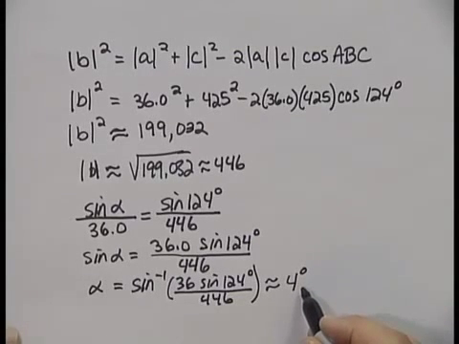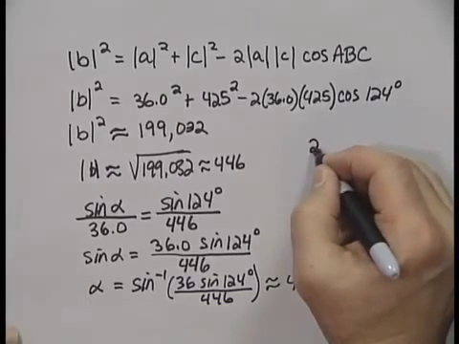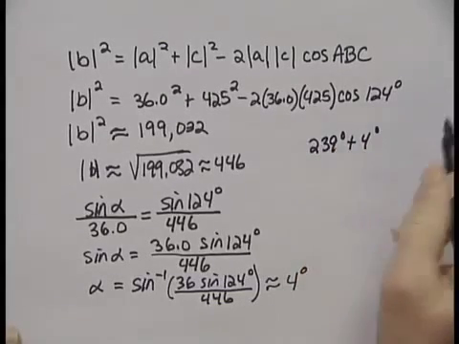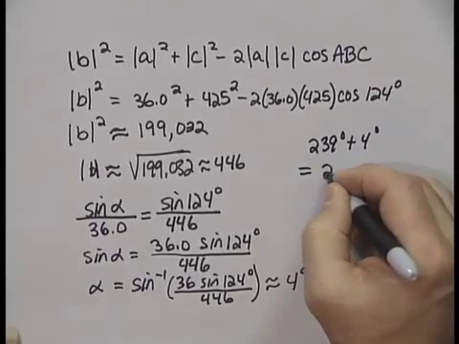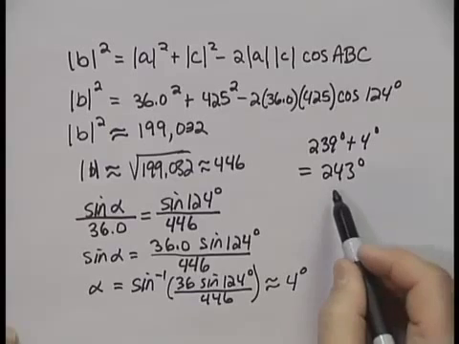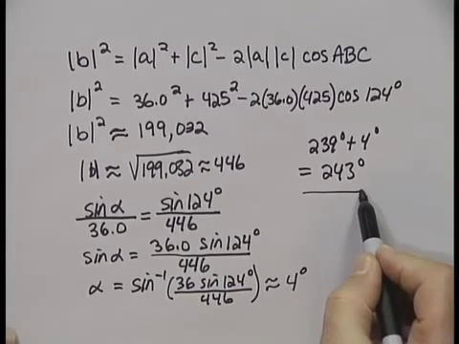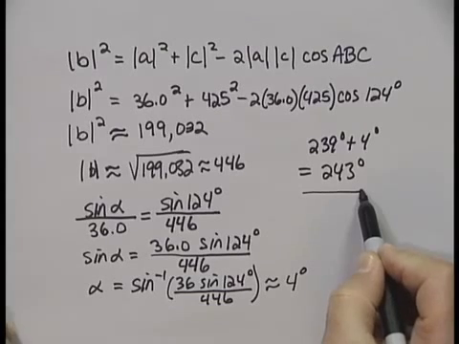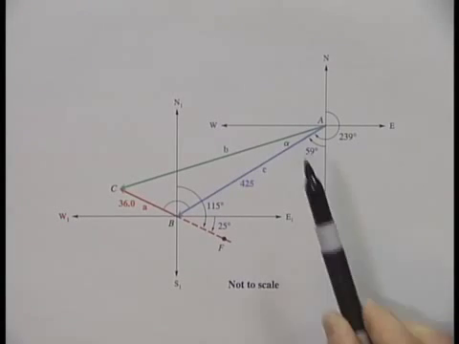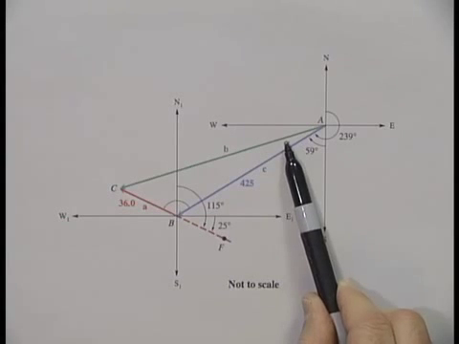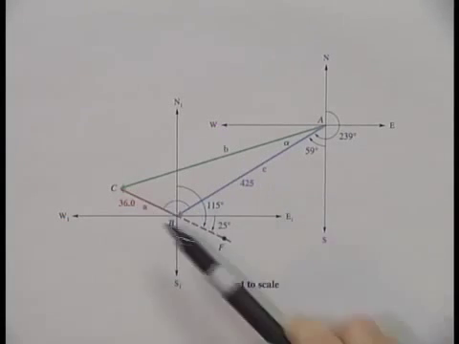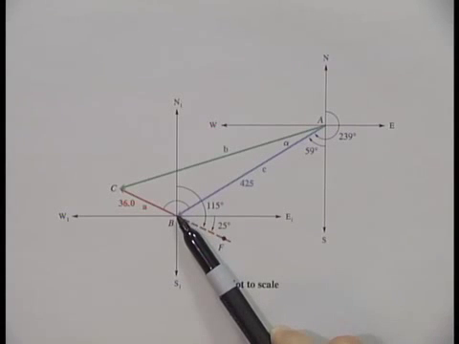So we need to add that 4 degrees to the original bearing of 239 degrees. And so 239 degrees plus the 4 degrees gives us a bearing of 243 degrees. That's the bearing of the plane when it's been adjusted by the wind. Let's take a look at the illustration to get a sense of what we're talking about. This angle alpha is the effect that the wind blowing from this direction has on the bearing of the plane.